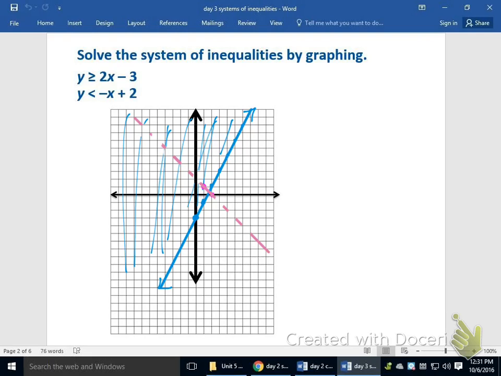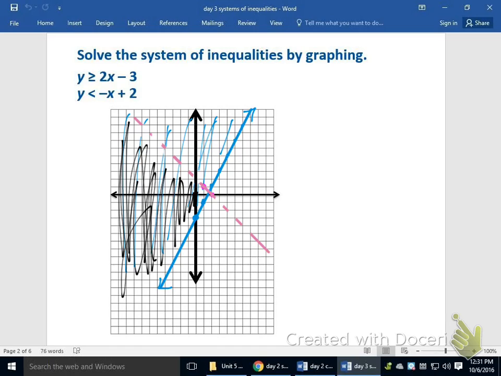Now, as far as that boundary goes, since y is less than negative x plus 2, I'm going to be graphing everything below. When I do that, I can see that the overlap is going to be right over here on the left-hand side of the intersection. So that's where my answer is going to be. I'm just going to quickly shade that in.